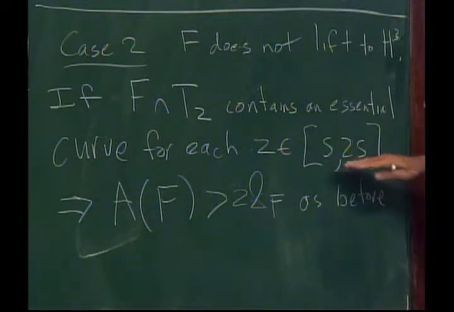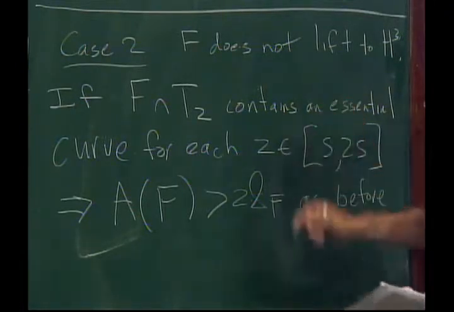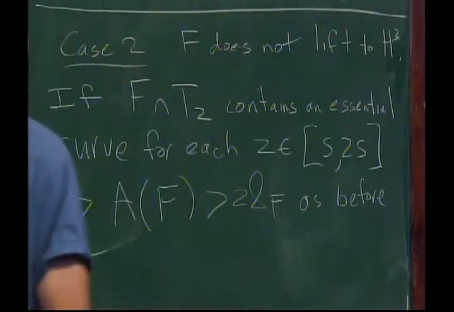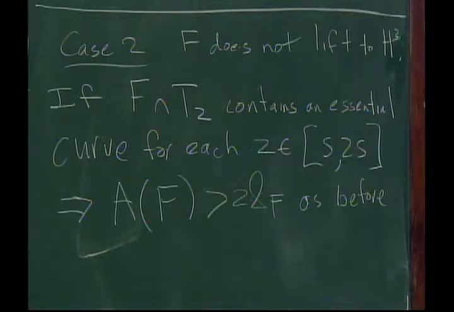And if it only contains inessential curves for each Z in Z2S, then the incompressibility implies that these curves bound disks, and then it does lift to the universal cover. So that's roughly the argument.